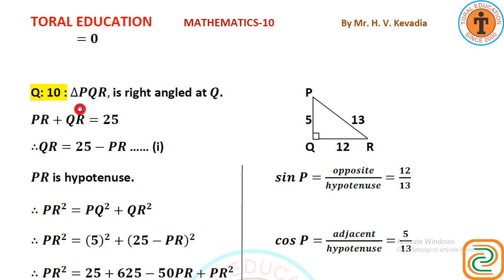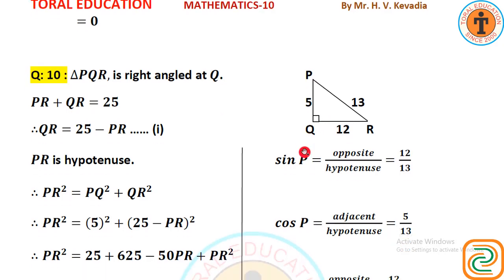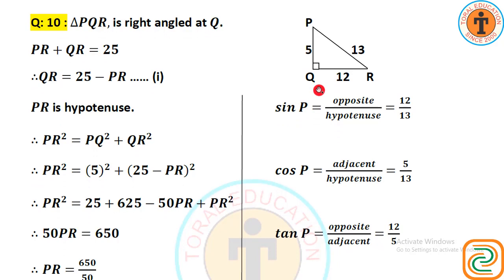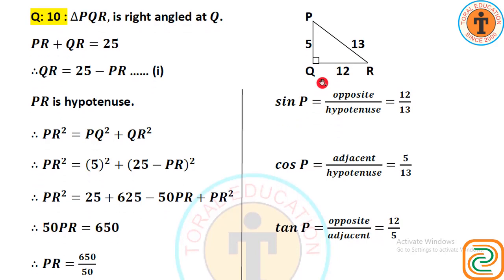Determine the value of sin P, cos P and tan P. So this triangle is right angled at Q, and again given PR plus QR equals 25. So if we take PR here, then QR equals 25 minus PR. This is result number 1.